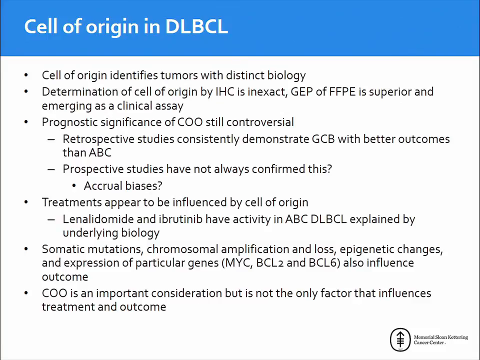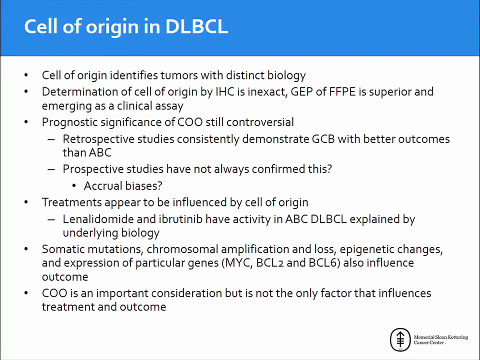So cell of origin in large cell lymphoma identifies tumors with distinct biology. Determination of cell of origin by immunohistochemistry is inexact. Gene expression profiling of formalin-fixed paraffin-embedded tissue is clearly superior and is an emerging clinical assay. The prognostic significance of cell of origin is a bit controversial, though I actually do believe that there is a prognostic difference in unselected registry patients.